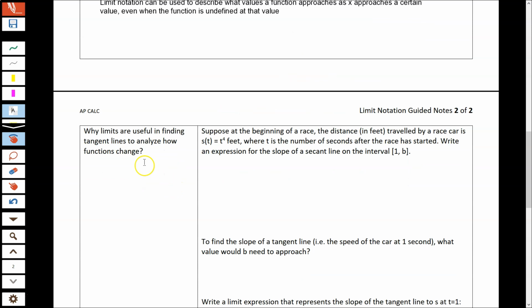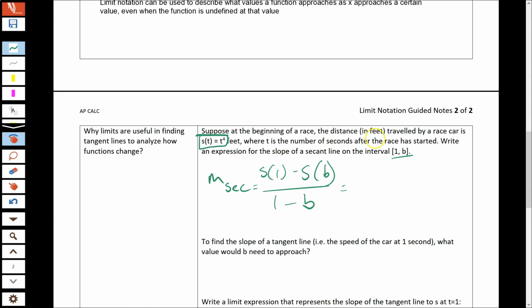So we have our race car problem. The position of the car is given by this function, and now we want to write that expression, you've done this before, for the slope of a secant line on this interval from 1 to b. Well, our secant line would be s of 1 minus s of b over 1 minus b, right?